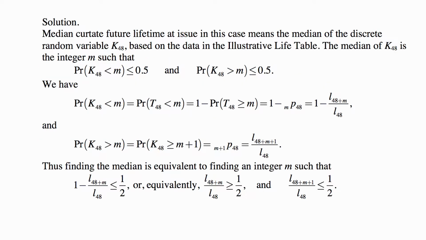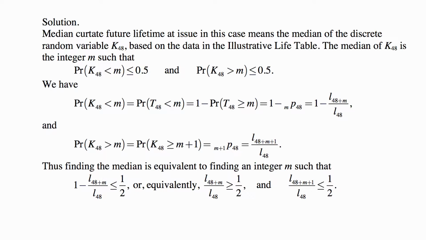So the median curtailed future lifetime at issue in this case means the median of a discrete random variable K48 based on the data in the illustrative life table, and that means that this median is an integer, let's call it m, such that the probability that K48 is less than m is less than or equal to 1/2, and the probability that K48 is more than m is less than or equal to 1/2.